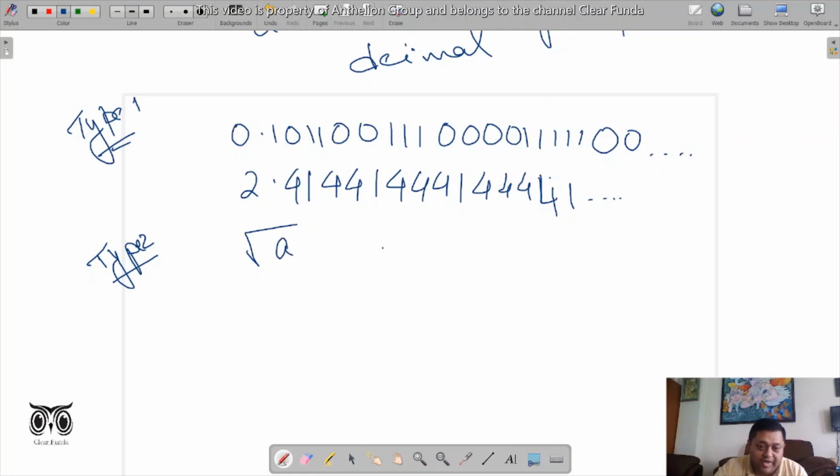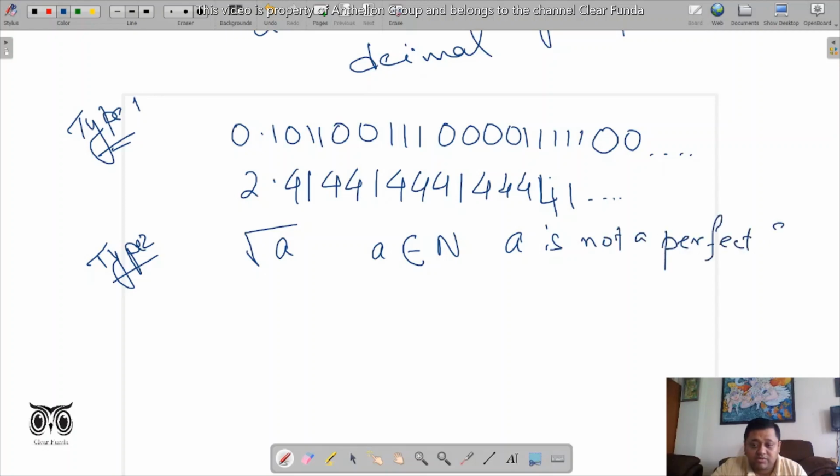So square root of A, where A belongs to natural numbers and A is not a perfect square.